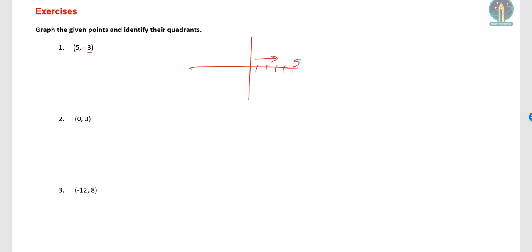And then I want to count minus 3 on y, so I'm going to go in this direction: minus 1, minus 2, minus 3. And then all I need to do is find the intersection. So this is 5 and minus 3, and this would be quadrant 4.